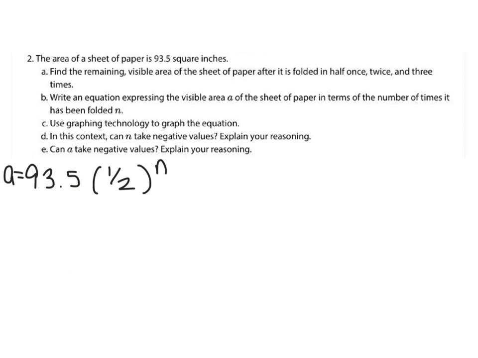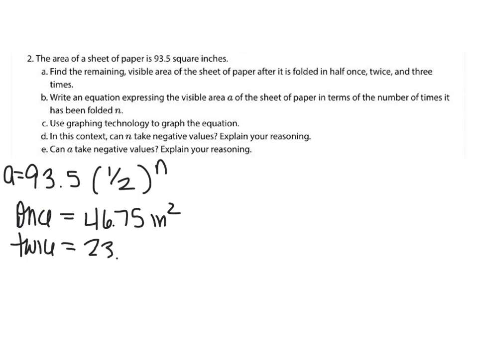Alright, so find the remaining visible area when it's folded in half once. That would be 93.5 divided by 2. So once would be 46.75 inches squared. Twice, it's going to divide by 2 again. 23.375 inches squared, and then fold it in half again, so I'm going to divide it again. 11.6875 inches squared.